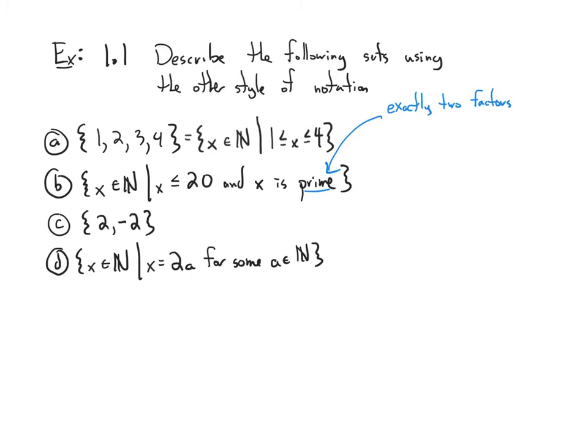Okay, so now that we talked about prime numbers a little bit, we want to just list all natural numbers such that they're less than 20 and they're prime.